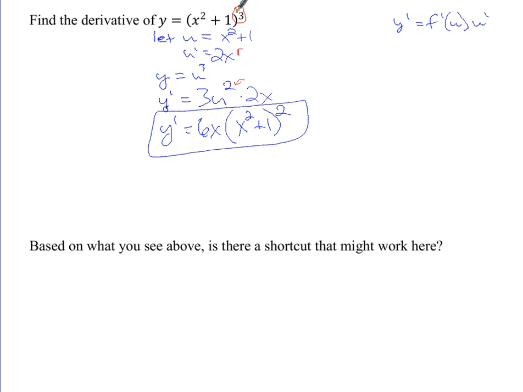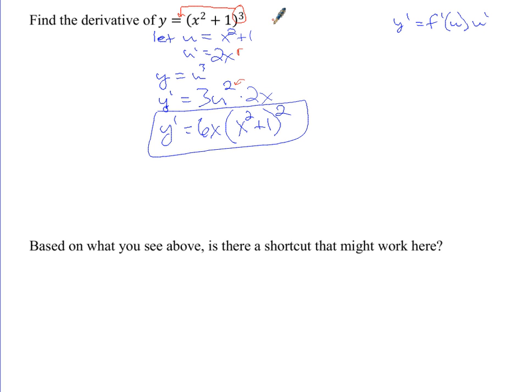It decreased by 1, right? We had x squared plus 1 to the third. It became x squared plus 1 squared. Where did the 3 go? Out front. We still had to multiply times u prime.